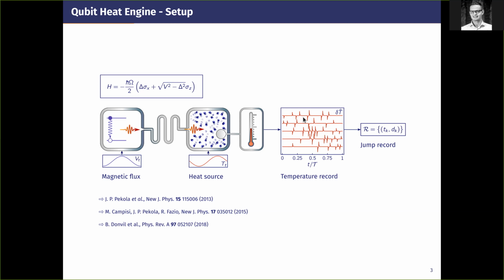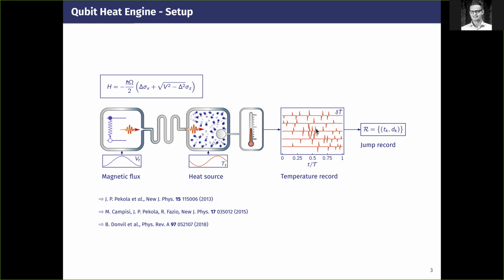And from this temperature trace, you can now extract something that's called a quantum jump record, which is presumably the closest thing you can get to a classical stochastic trajectory in a quantum setting. You have stochastic jump times t_k, and the variable d_k indicates whether a photon was absorbed or emitted. Now, before moving on, I would like to note that there has been a lot of theoretical and experimental work on this setting over the last almost 10 years now.